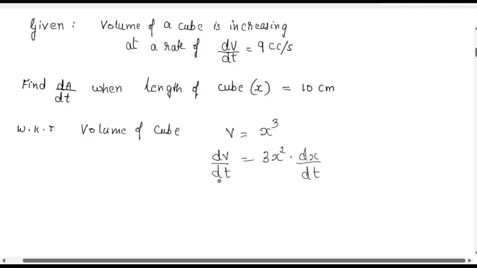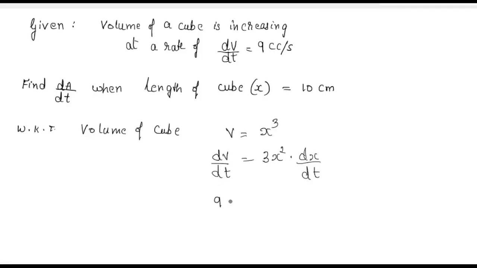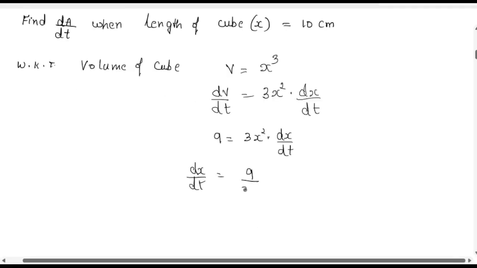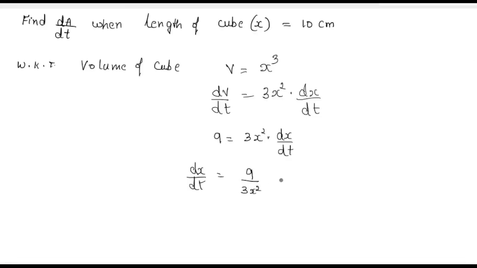We know dV by dt is 9. So 9 equals 3x square into dx by dt, or dx by dt equals 9 by 3x square, which is equal to 3 by x square.